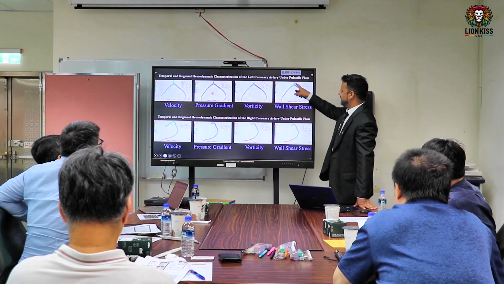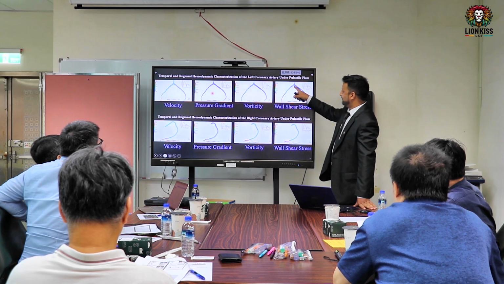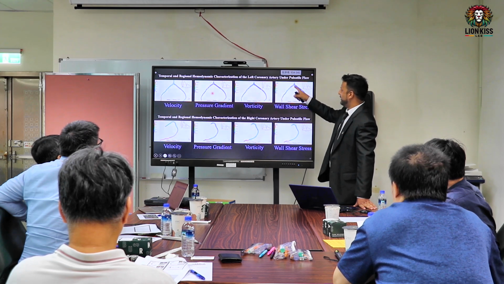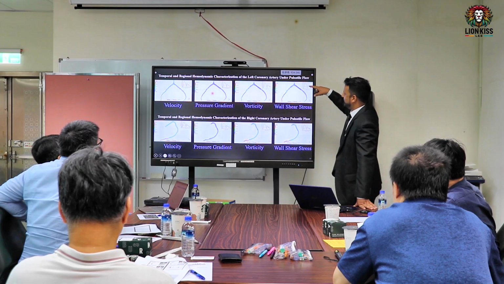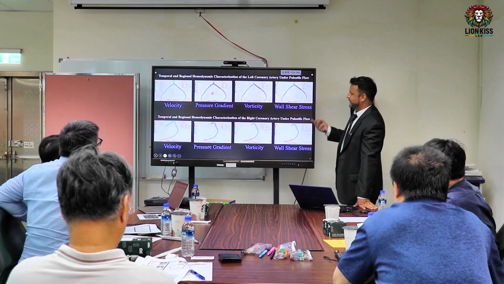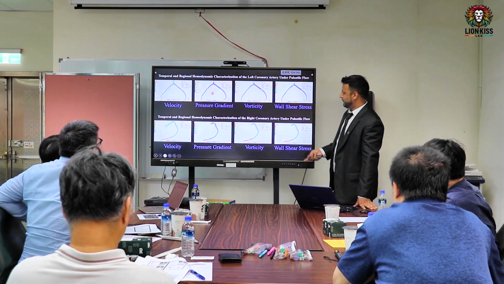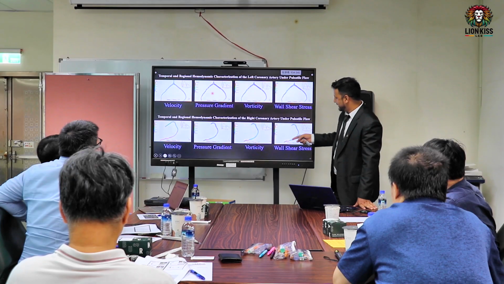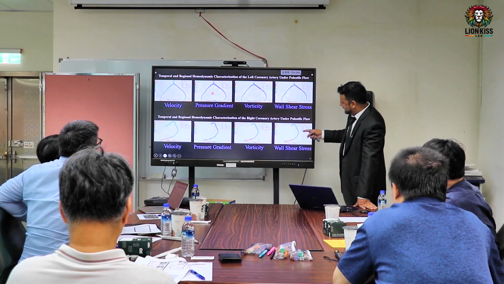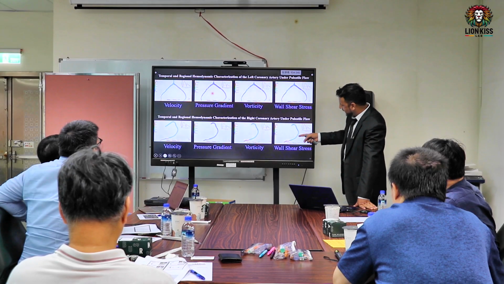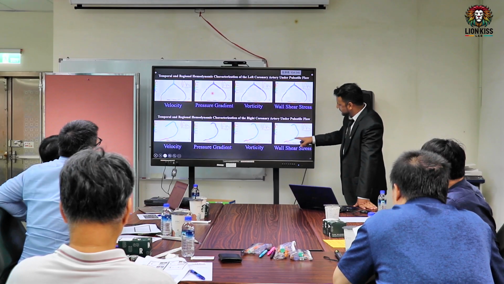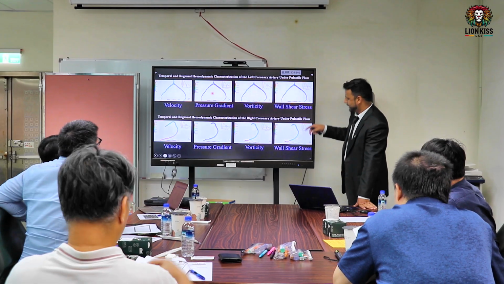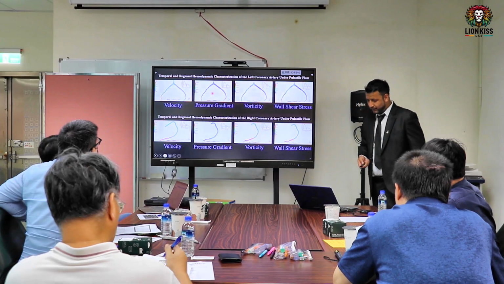Here the bifurcation shows very high wall shear stress when it reaches the peak, and the distal also peaks. The RCA also shows the effect of wall shear stress. Here is a stenosis, so it shows high peak systolic and diastolic effect on the wall.